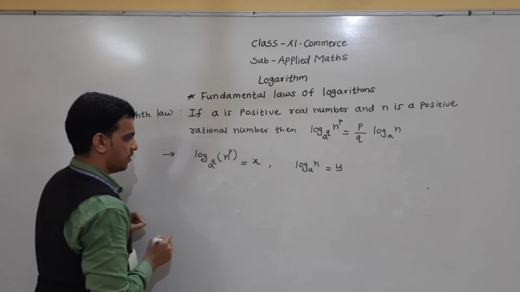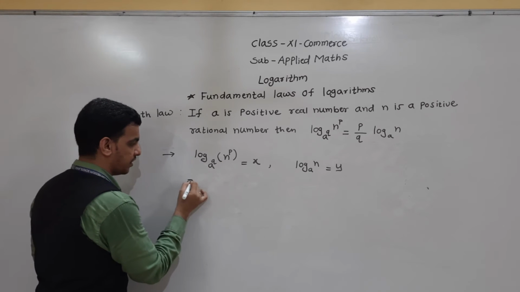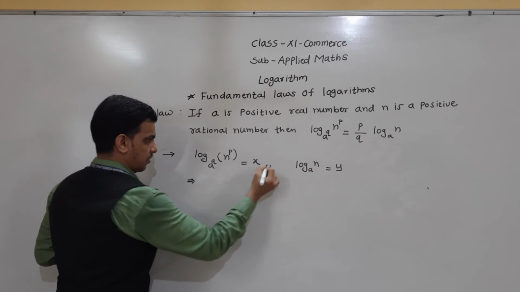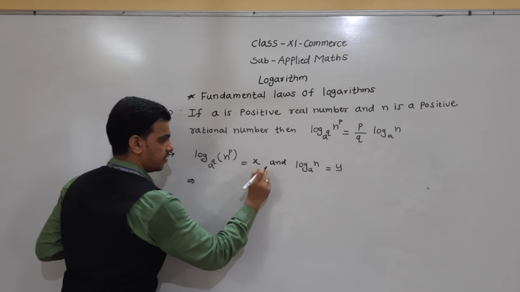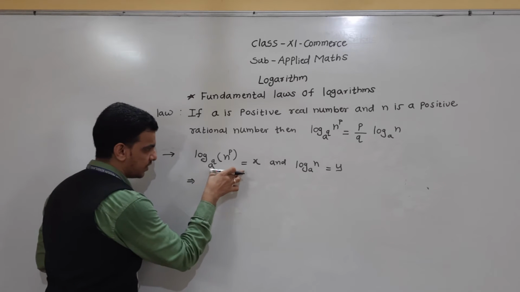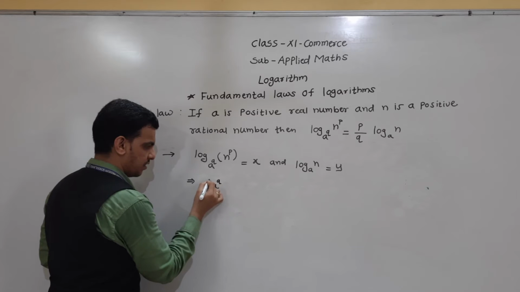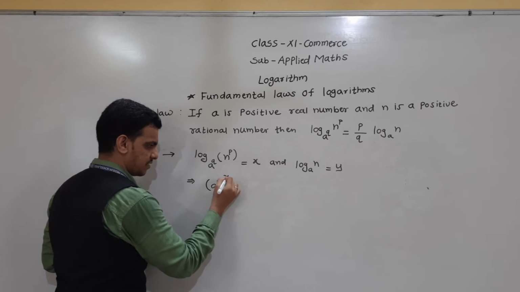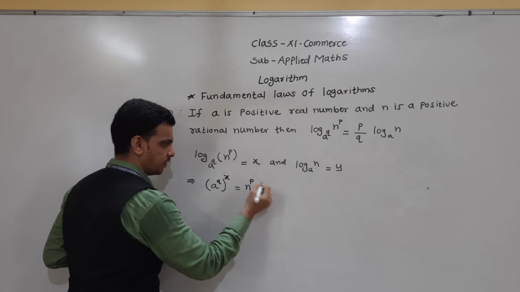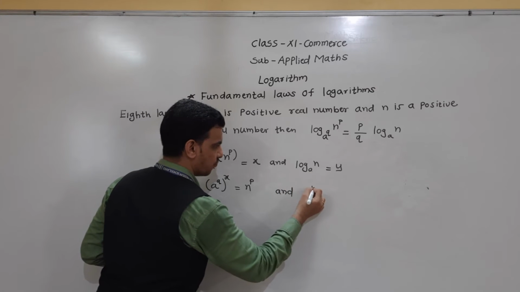Okay, so from this, if we convert into exponent form, log n to the base a is equal to y means a raised to y is equal to n. And a raised to q as a base raised to this x is equal to n raised to p.